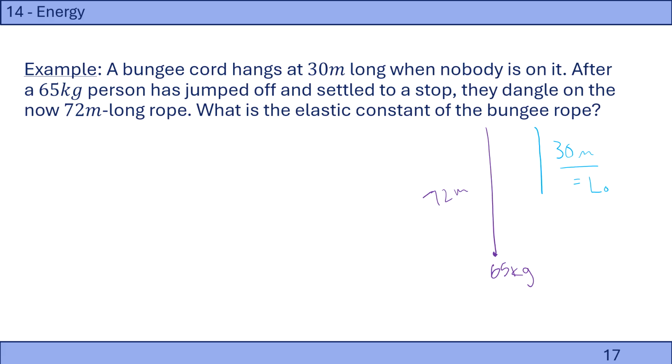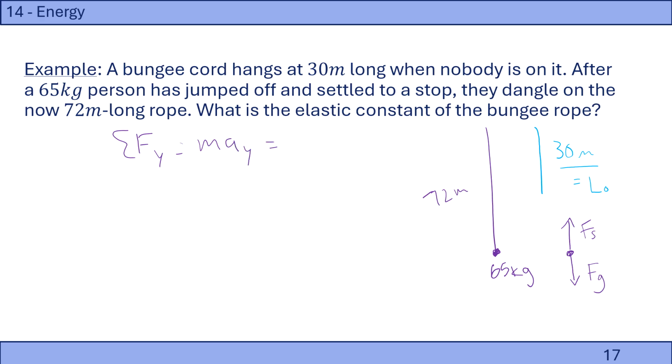What we should be doing here is looking at our 65 kilograms and thinking about forces. This is applying a gravitational force, which is counteracted by our spring. Just writing down Newton's second law in the y direction, the sum of the y forces has to be m a_y.